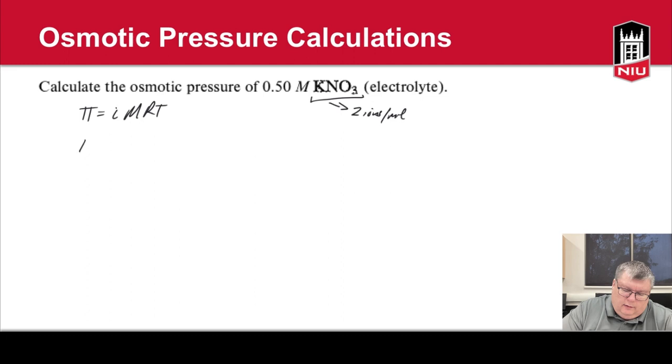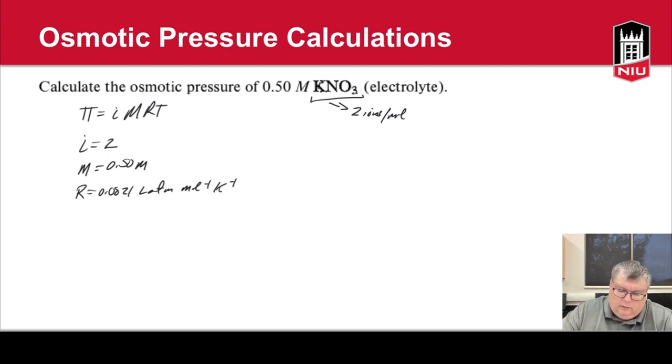So i equals 2. M is equal to 0.50 molar. R is equal to 0.0821 liter atmospheres per mole per Kelvin. And temperature they don't give us, so we're going to assume 298 Kelvin, which is 25 degrees C.